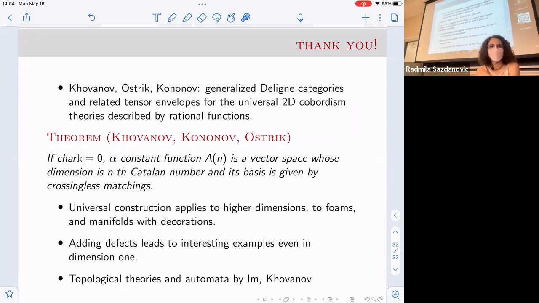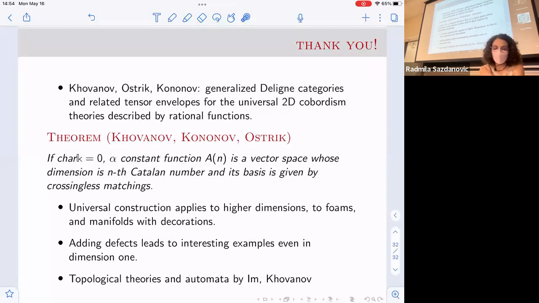If you want to look further into these generalized Deligne categories, there's a longish and beautiful paper by Khovanov, Ostrik, and Kononov, where they take a deeper dive into what happens for various rational functions.